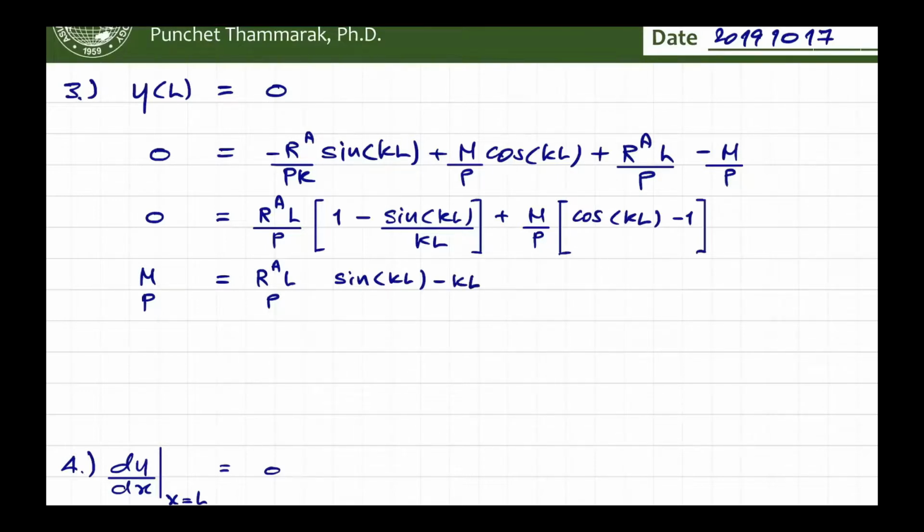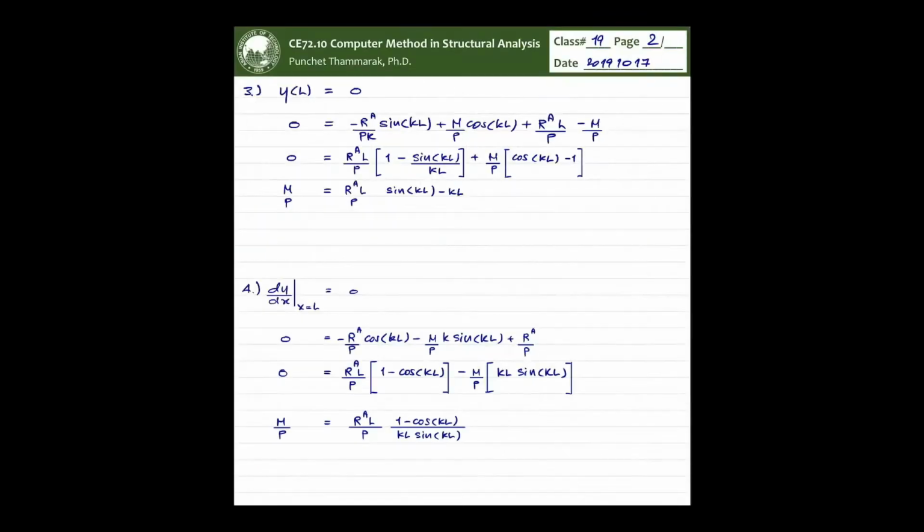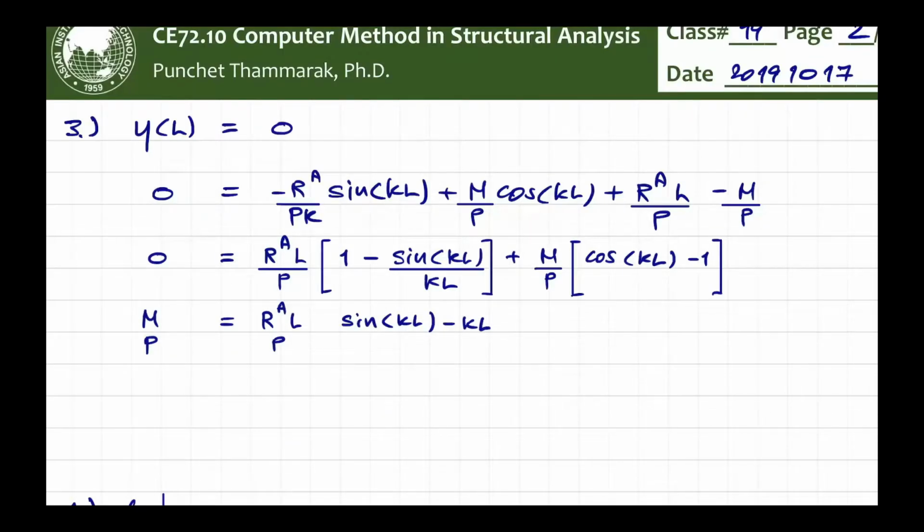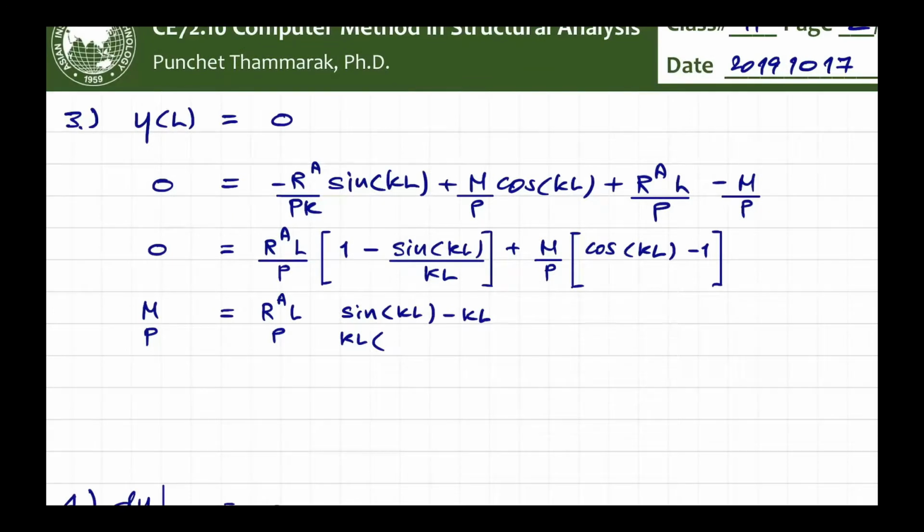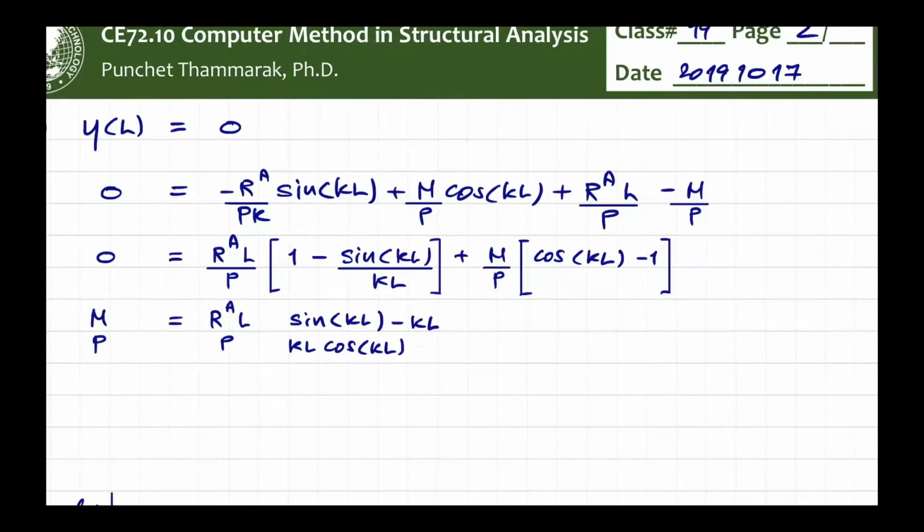Okay, because we have the minus sign when we switch the M over P to the other side. Push that to the other side. The KL will be the common denominator. We switch around and then we get the KL multiplied by KL cosine KL minus KL, cosine.